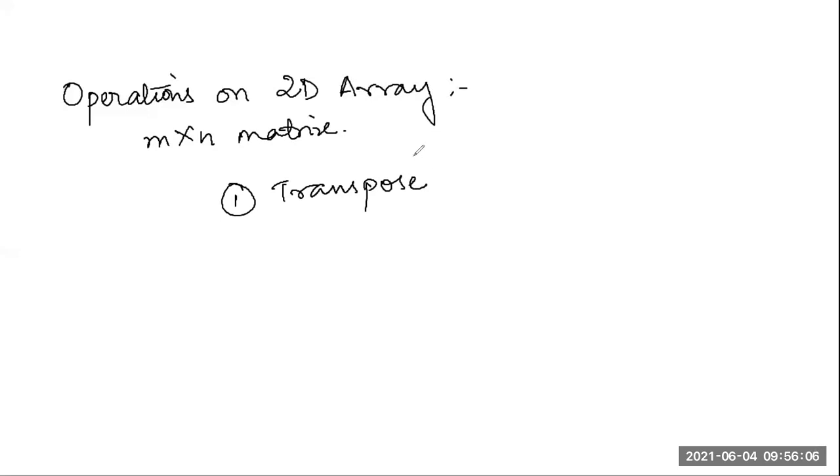Suppose there is a matrix A of m into n; by transpose I convert it into a matrix B of n into m. This was the concept of transpose of a matrix.